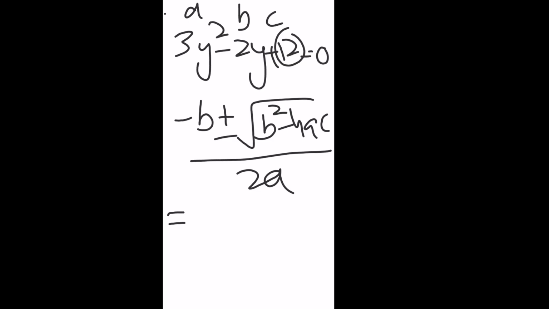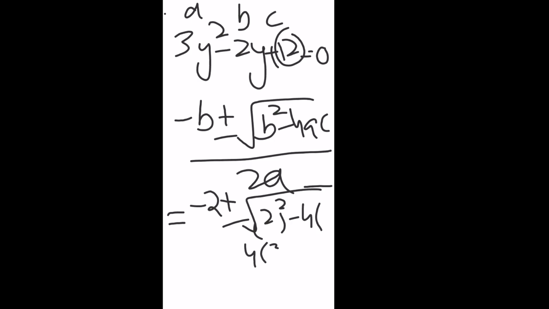So it's become -2 plus minus under root 2 squared. Let me write: -2 plus minus under root 2 square into -4 into 3 into 12. Okay, so I'm just writing down into 4, 3, and 12. Yeah, just like this.